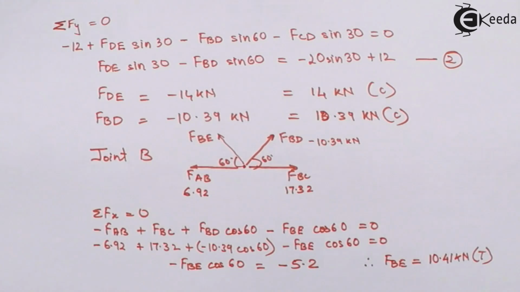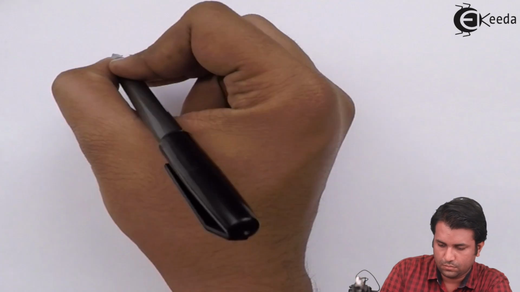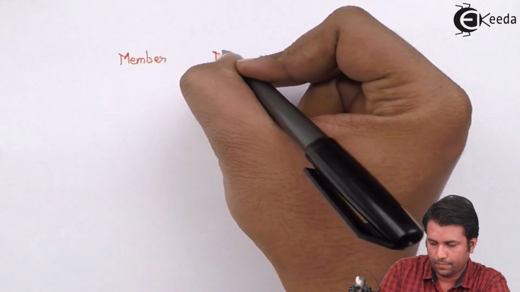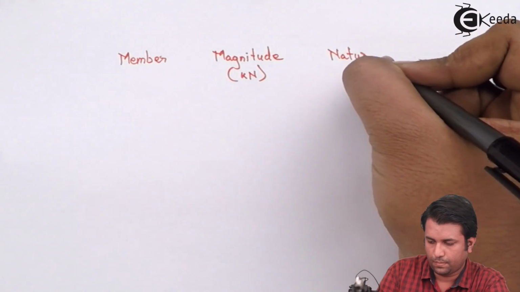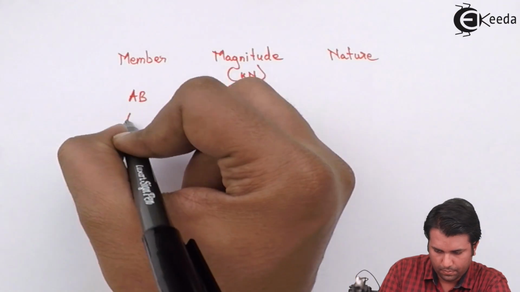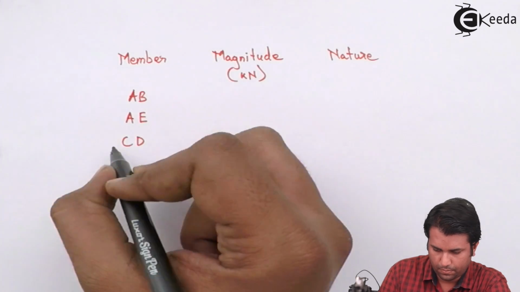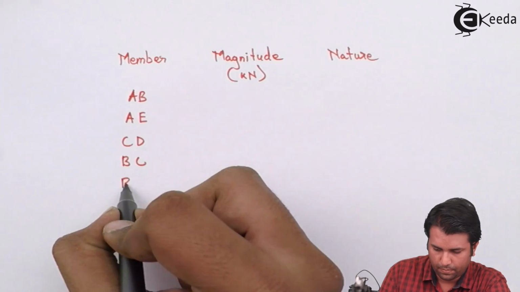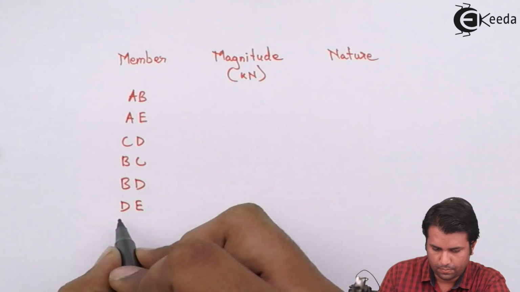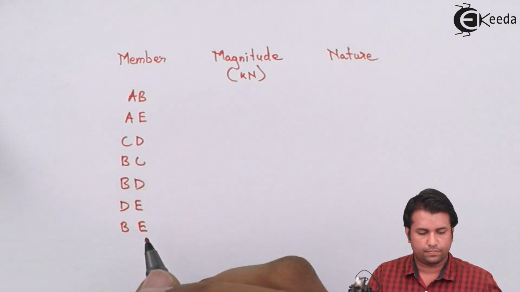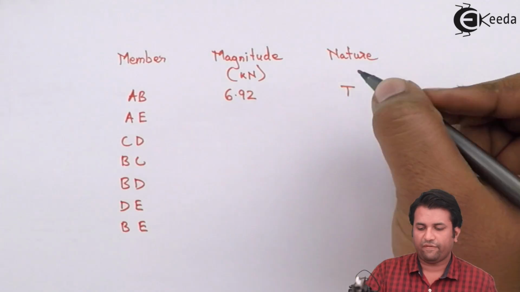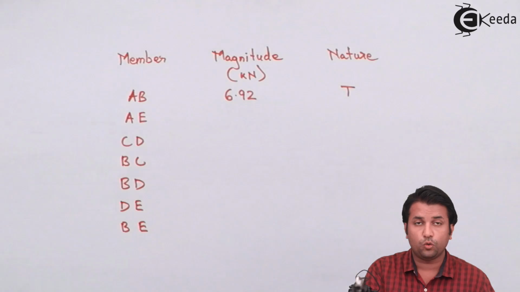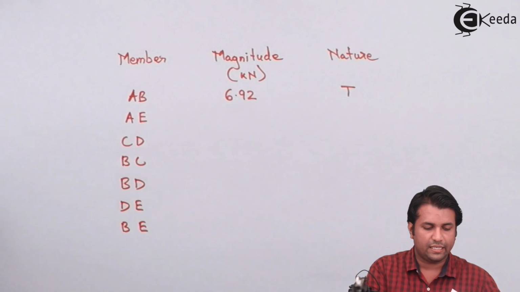Now all I need to do is tabulate the results. I've got the value for AB as 6.92 kilonewtons, and that is a tensile force.